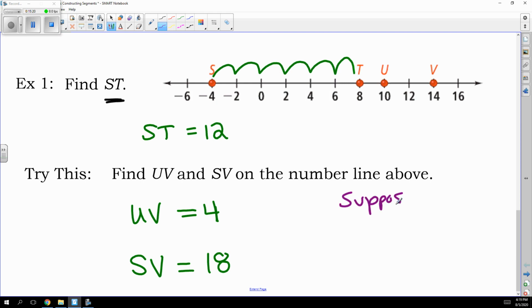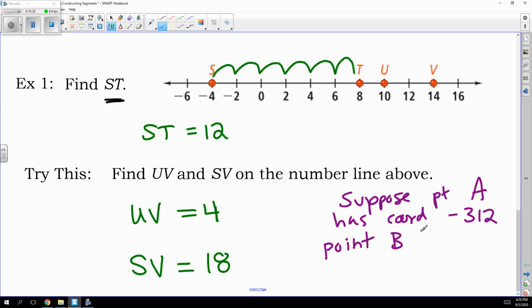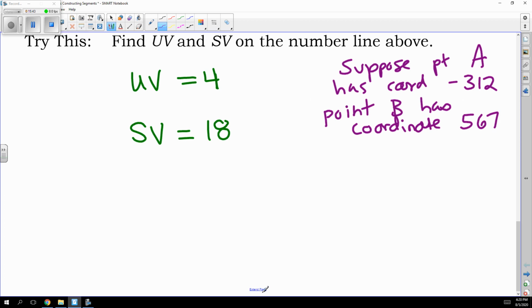Suppose point A has coordinate -312, and point B has coordinate 567, right? Well, you would not draw a number line with all of those things, and we want to know what is the length of segment AB? So suppose we want to do that.